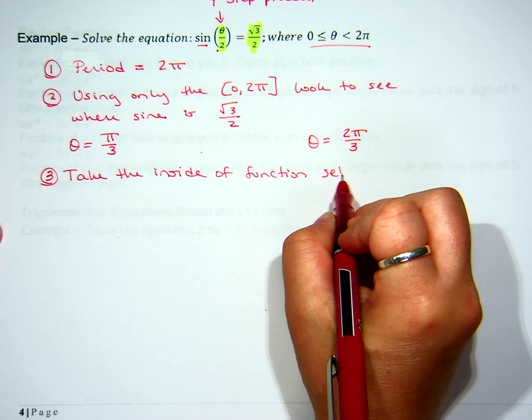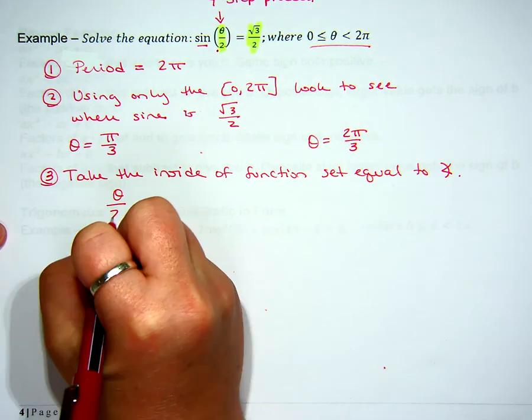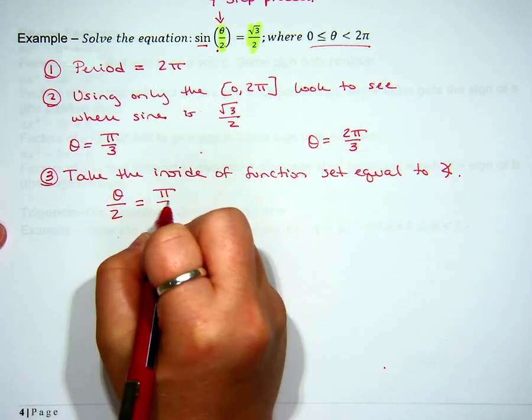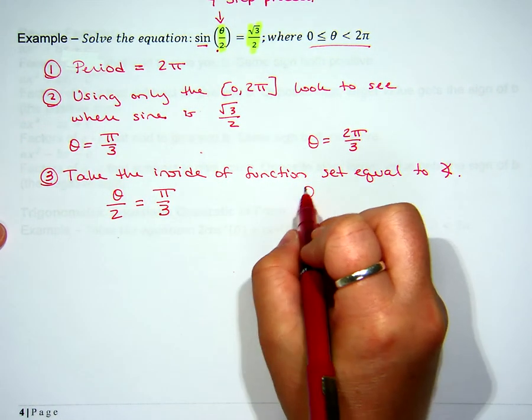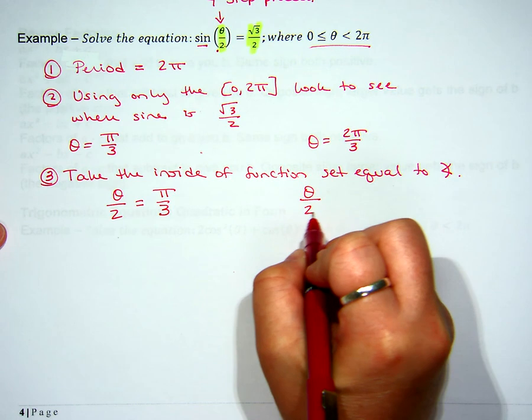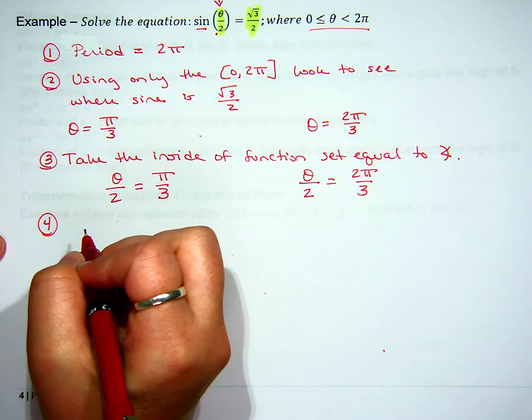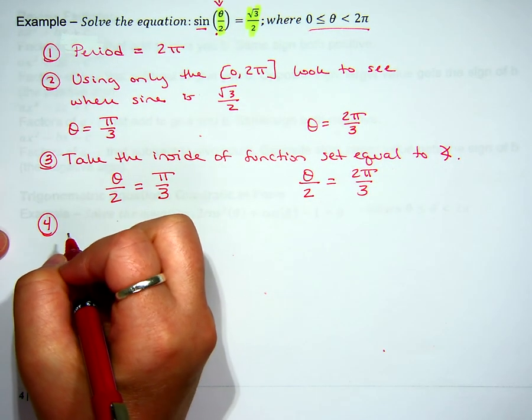So I have the inside, theta over 2, set equal to pi over 3, and the inside set equal to 2 pi over 3. Step 4 was to find all solutions.